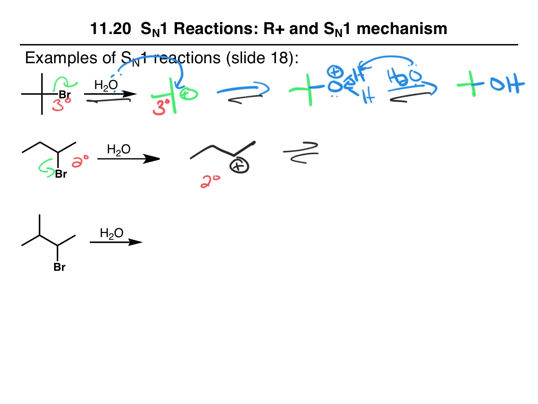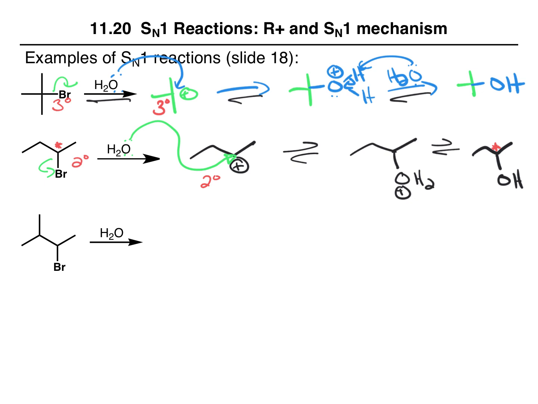And so water can add to this carbon from either the back face or the front face. And that will give us this protonated alcohol, and then proton transfer will give us this alcohol. We started with a chirality center and we ended with a chirality center. So we'll talk about stereochemistry in just a moment.